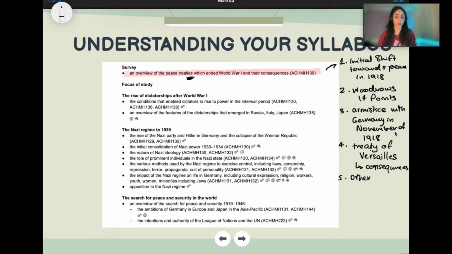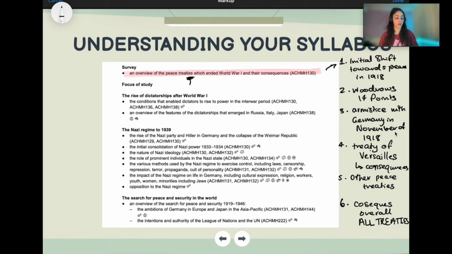So we don't only want to look at Versailles, and we also want to look at some of the other peace treaties. And finally, as a sixth point, we will be having a look at the consequences overall for all the treaties. So what are the rough consequences of every single one of the treaties which we're going to discuss?